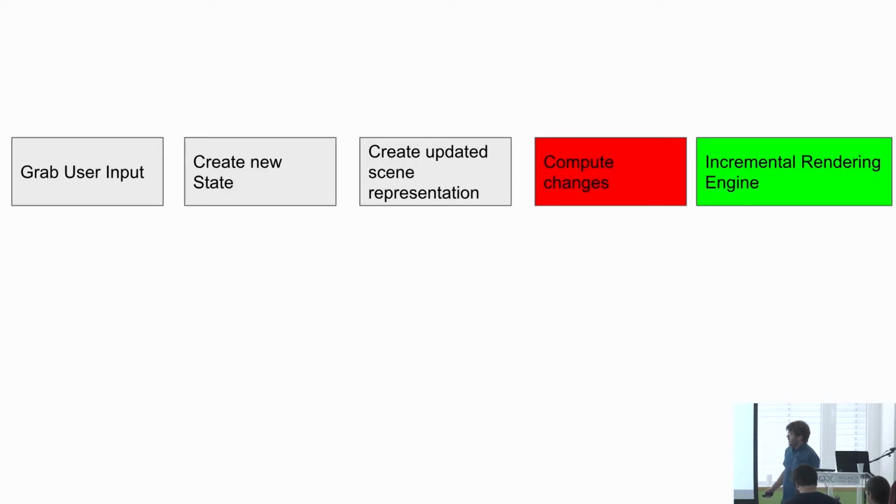So there's one mechanism to handle this. We have a new state, we create a scene representation, then we compute the changes on this, and we feed it into the rendering engine. This is what Chrome does in combination with Elm. Because in Elm, the view function needs to be executed each time something changes. Then they perform a diff on the virtual DOM of the HTML tree, and then they feed this stuff into the machine.